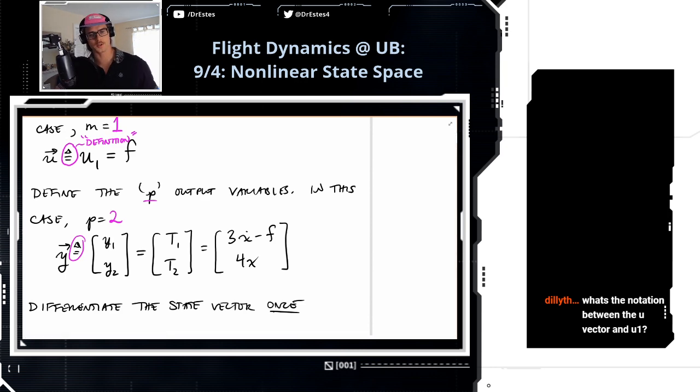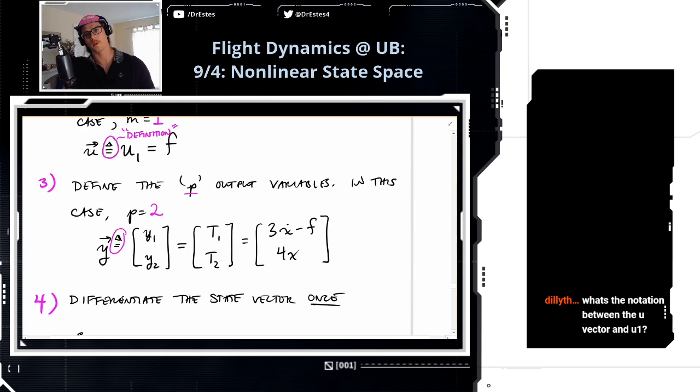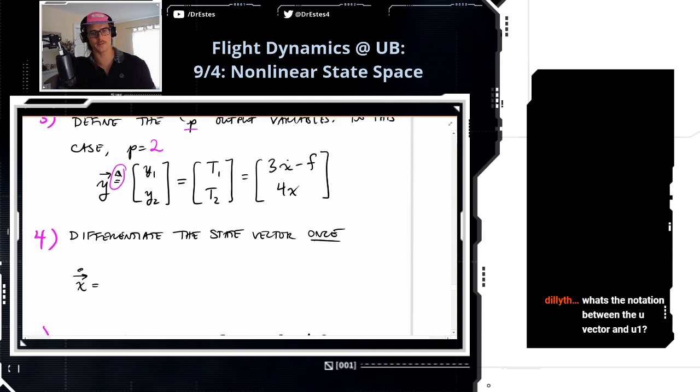So I got my two outputs defined. So my first three steps: define your states, define your inputs, define your outputs. It's just naming variables. Step 4, differentiate the state vector once. So our state vector was x1, x2, so it's going to be x1 dot, x2 dot.